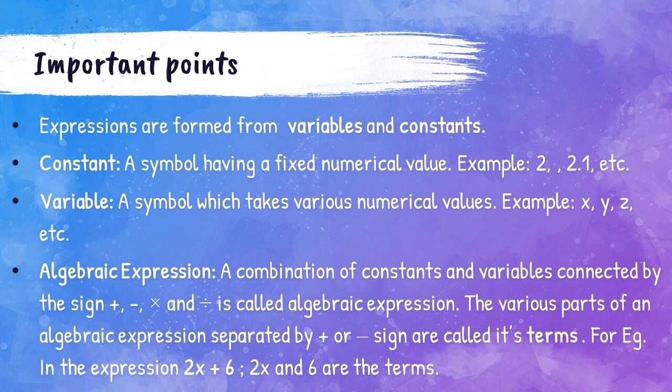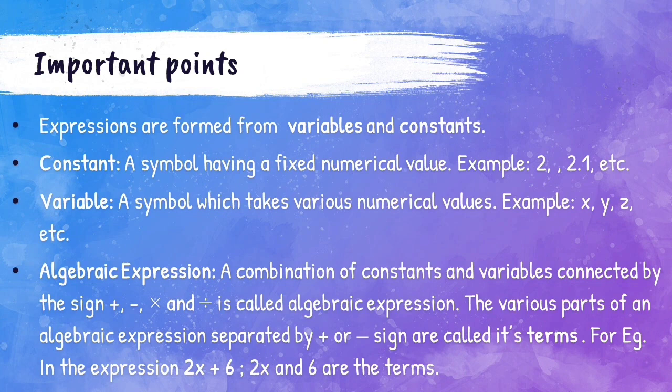Next comes the algebraic expression: a combination of constants and variables connected by the signs plus, minus, multiply and divide is called an algebraic expression. It means an expression is a combination of constants and variables connected by mathematical operations.